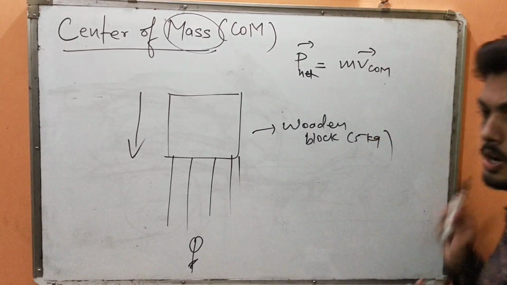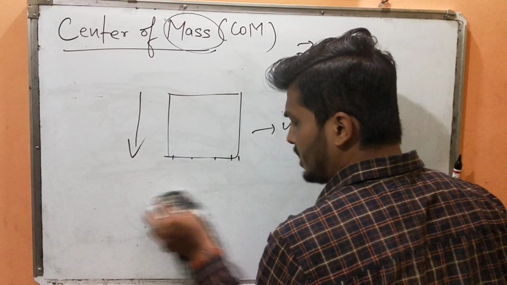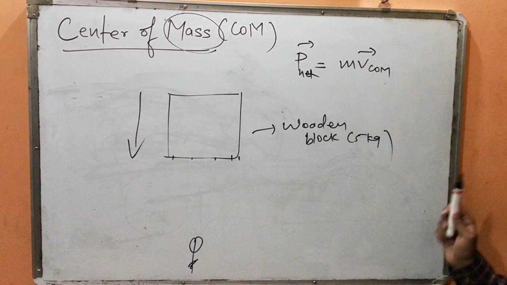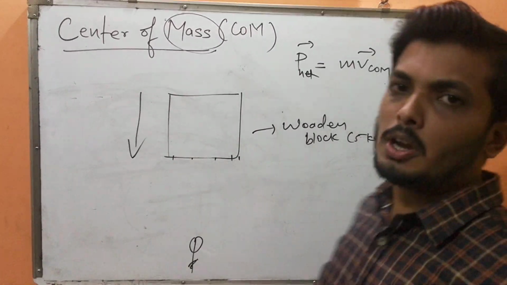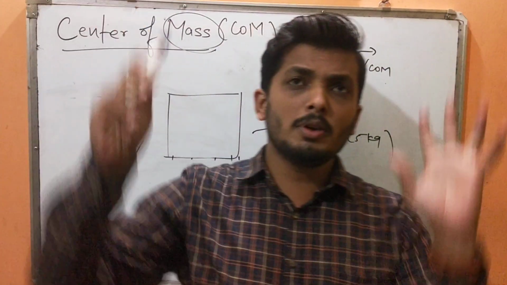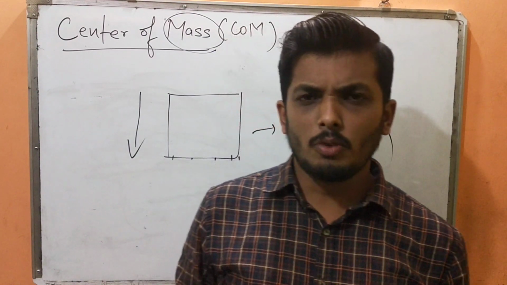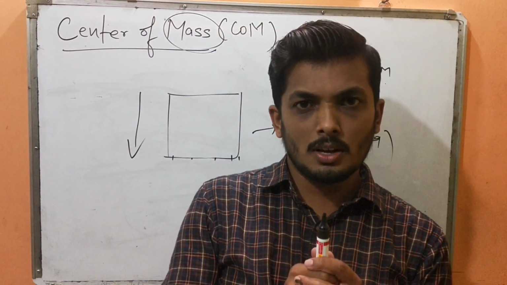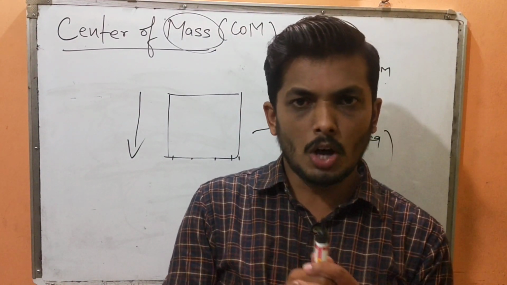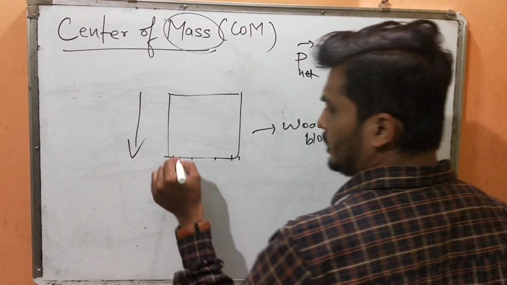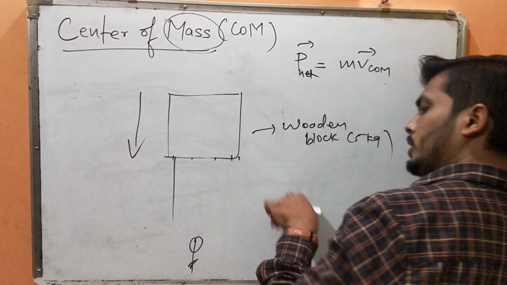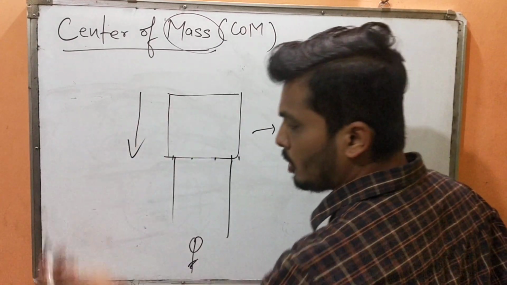Yes or no? But what if I give you just one stick and somehow ask you to stop this block? Things become very difficult now. The wooden block of 5 kilograms is falling down to you, and you have been given one stick, and somehow you need to stop it. So how will you do it? You will try different methods. You will hold a stick here, it will fall this side. If you hold a stick here, the wooden block will fall this side.